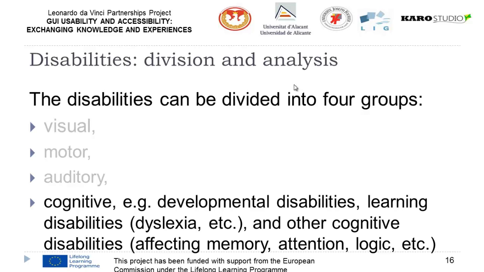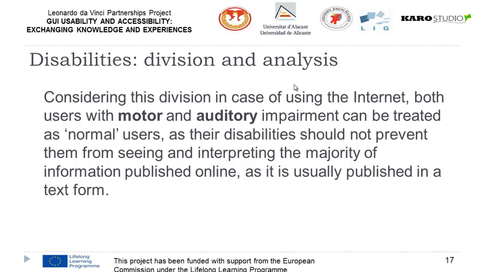Cognitive disabilities such as developmental disabilities, learning disabilities, dyslexia, etc., and other cognitive disabilities affecting memory, attention, logic, and so on and so forth. So, now let's discuss the difference between those disabilities and how they affect using the web or working with a computer in general.